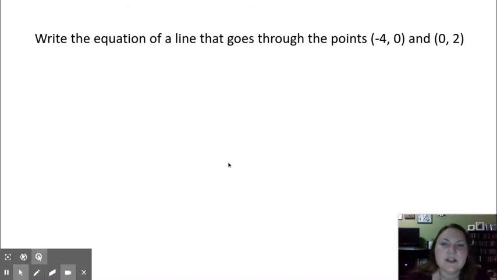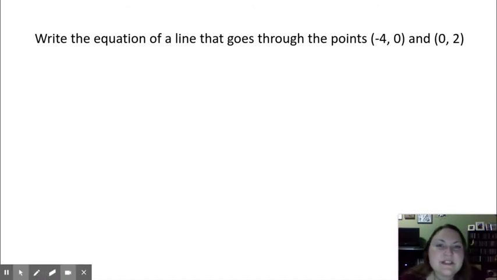All right. So we've talked about two different formulas for linear equations: slope-intercept form, which is y equals mx plus b, and then point-slope form, which is y minus y1 equals m times x minus x1. In those lessons, I recommended looking at the information you've got.